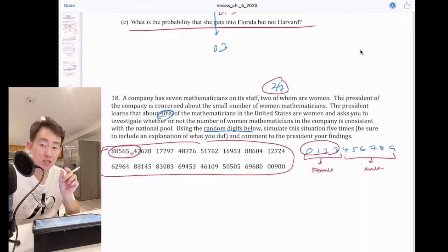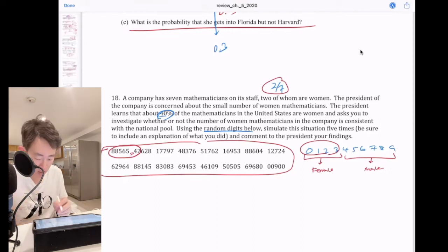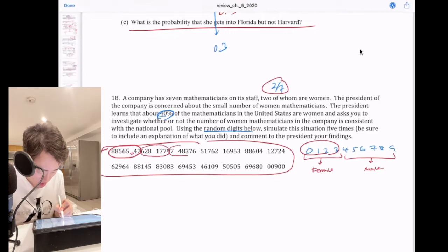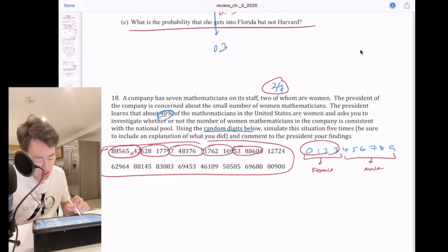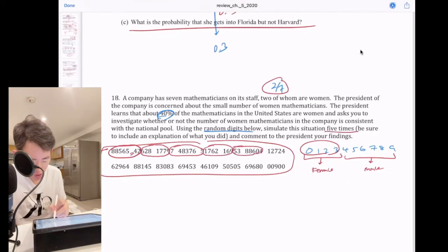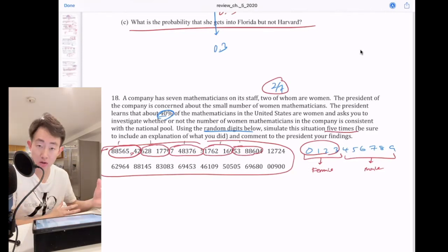I know there's a space in between every 5 digits there, but you can just ignore that and group them all together, and that's 7 digits there. And this is also 7 digits. That right there is 7. That's 7. And that should be 7 right there. I think it says to use the simulation 5 times. So that's 1, 2, 3, 4, 5 groups of 7 digits as our trials.